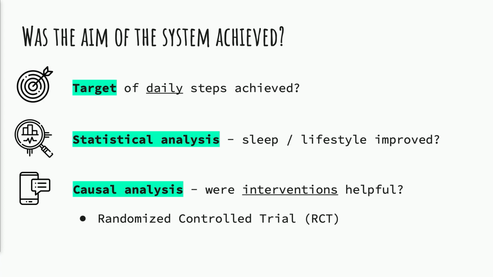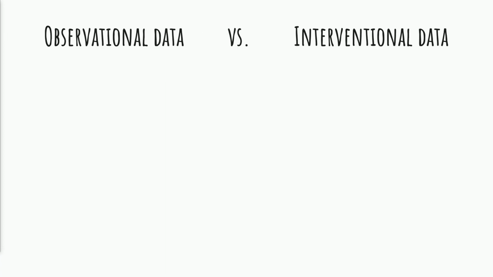For this, typically, we would use the randomized control trial, but in case we do not have enough resources, for example, to have a big enough sample size, we could also use a micro-randomized trial, which I will introduce to you in a minute. So before I do that, what is the difference between the observational and interventional data?